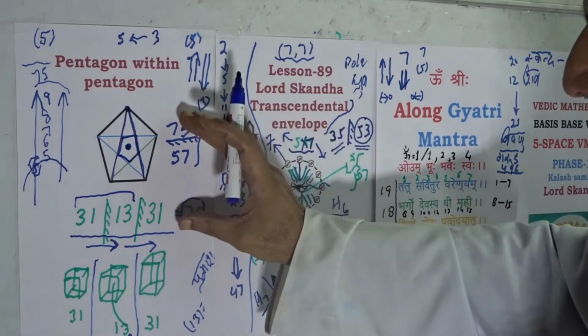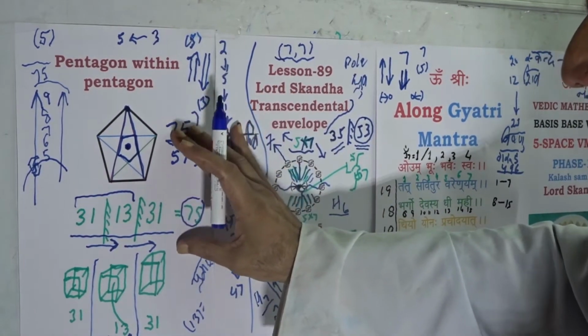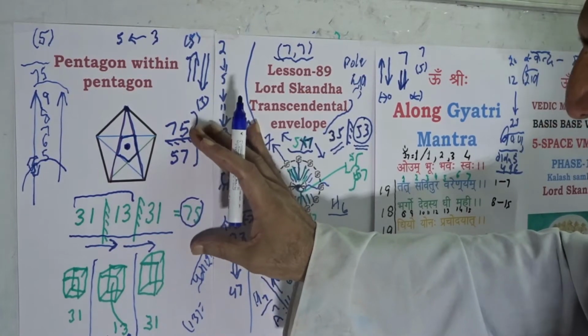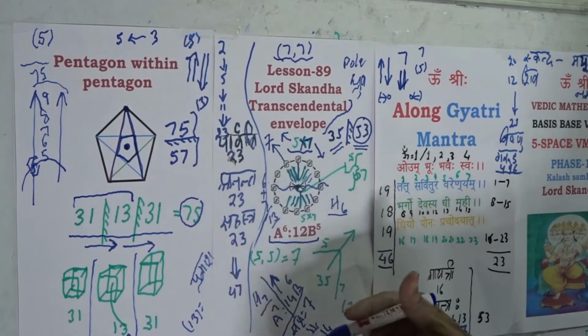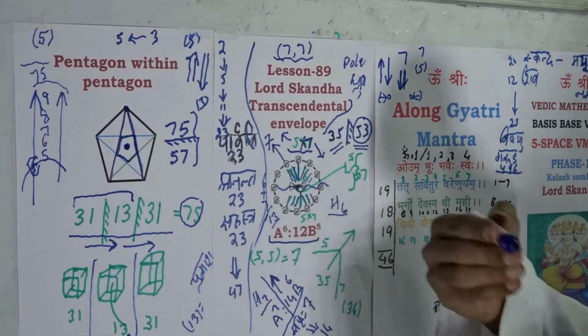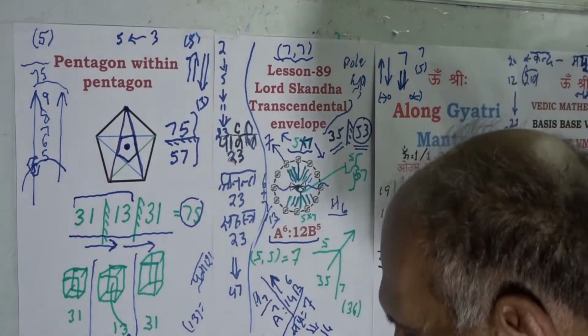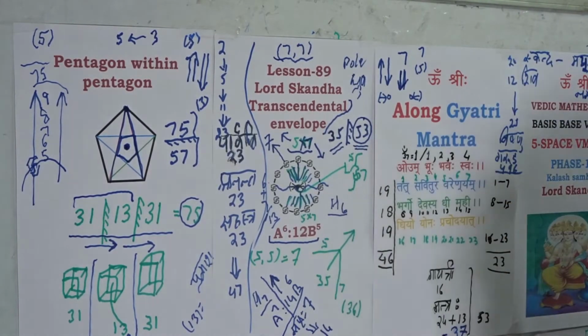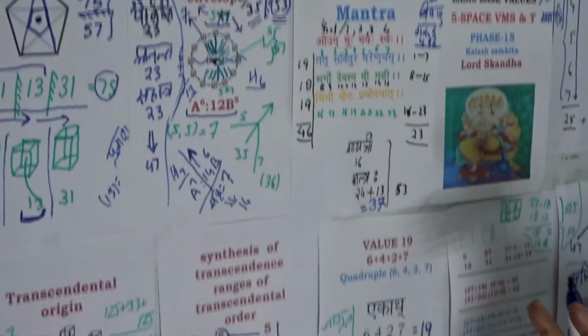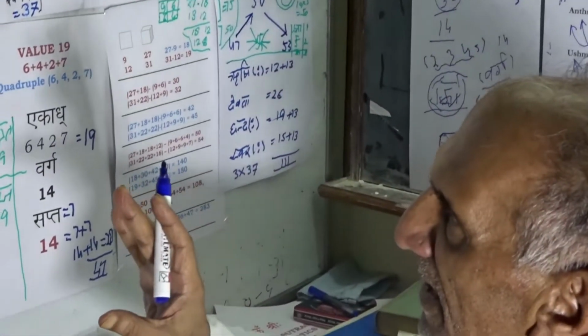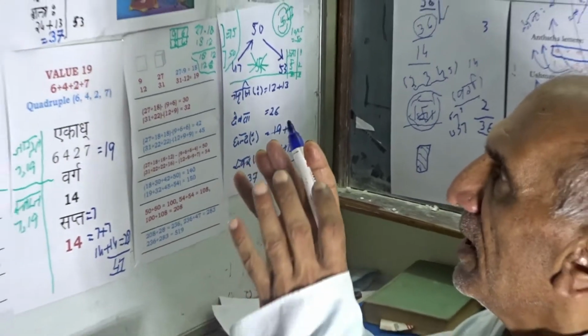It is this ad infinitum phenomenon that is responsible for the twofold reach in terms of the transcendental envelope. This transcendental envelope deserves to be seen.